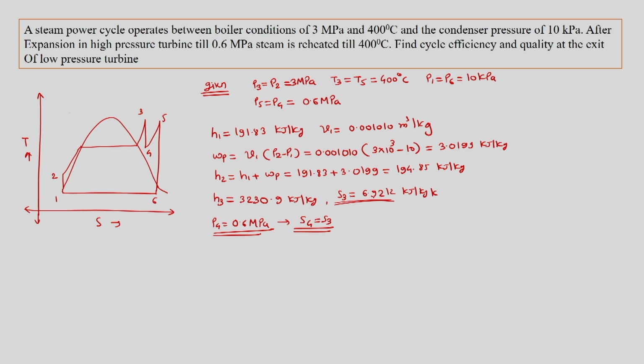If 6.9212 is more than the saturation entropy of vapor, then we have to go into the superheated part and match the pressure and temperature. Rather, for 0.6 megapascal we have to find the temperature which would give this entropy.